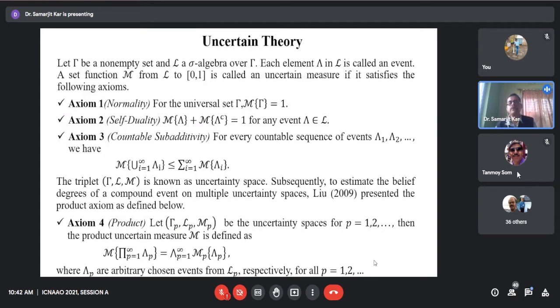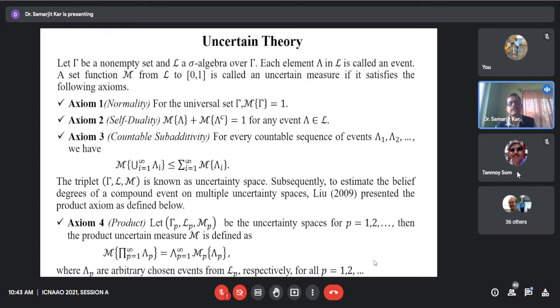Before going to the model, let's quickly go through the uncertainty theory. In 2007, Liu proposed this uncertainty theory by these four axiomatic definitions. In 2009, he also added one more axiom, the product axiom.